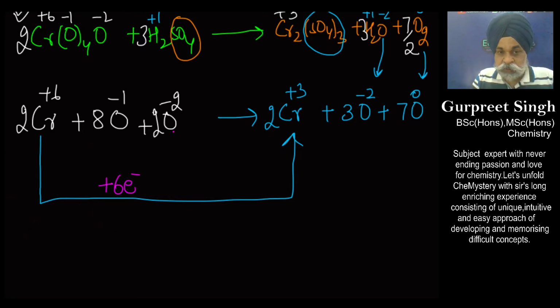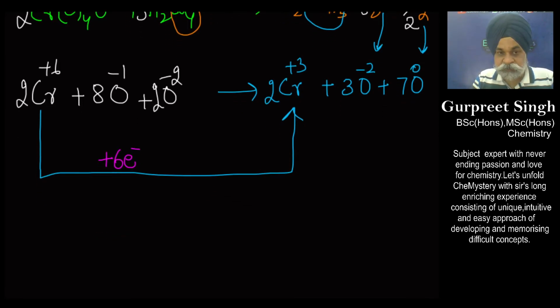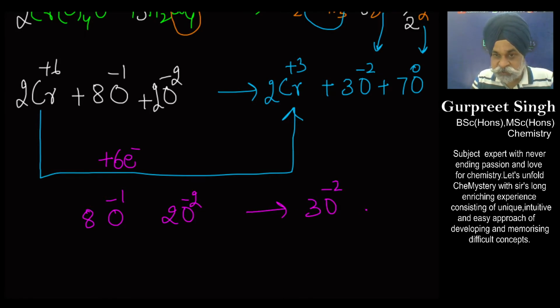Now what is the contribution, or how has the electron exchange happened within the oxygen? That is very interesting. So there are 8 oxygens of -1 and 2 oxygens of -2, which go to 3 oxygens of -2 and 7 oxygens of 0. This is not 70, this is 7 oxygens.